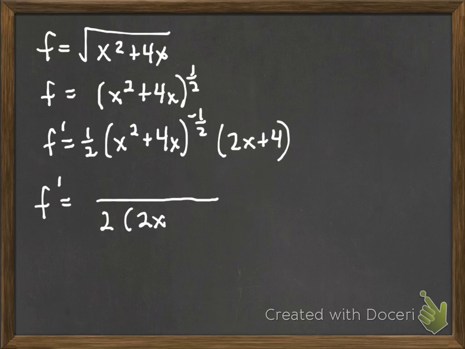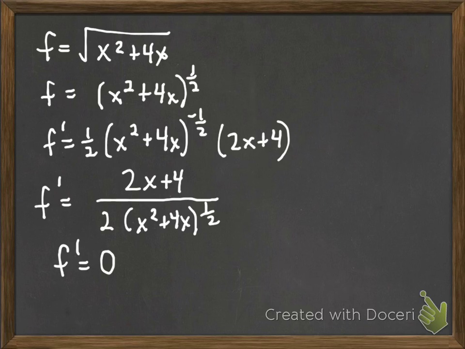So the x squared plus 4x to the 1/2 now is positive, and the 2x plus 4 here is in the numerator. When we get to finding critical numbers, we want to know where this is 0 or undefined.